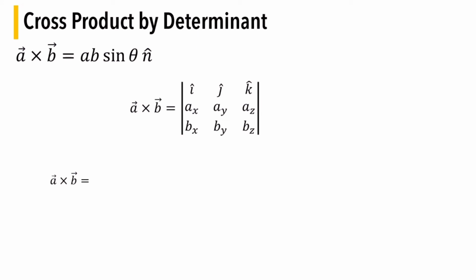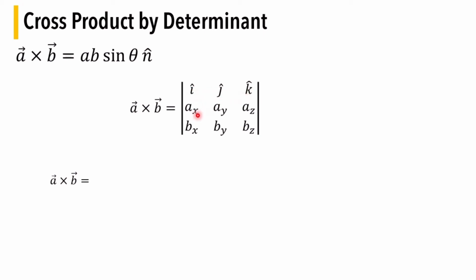Okay, now let's take a look at our cross product via the determinant method. This is very simple. The way to write it in determinant form is like this. We're taking the cross product between A and B. So the first row is the unit vectors i, j, and k.